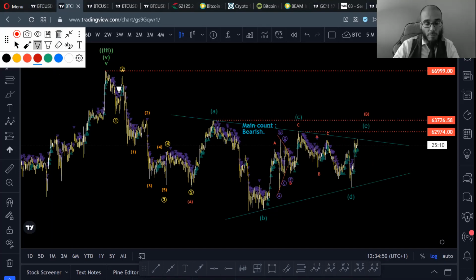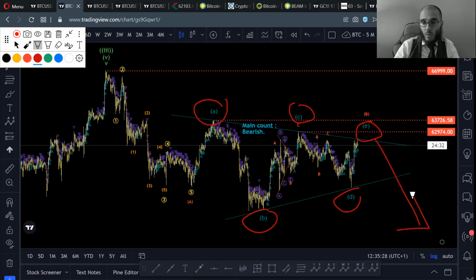I relabeled wave 1, 2, and put the 3 here, the 4 here, and the 5 here, in order to make it a wave A. As you can see, here's the wave A. I also relabeled the subwaves to fit the new labeling. Then I'm putting on the chart a triangle, an A, B, C, D, E. If that's the case, after the E wave, we go down.